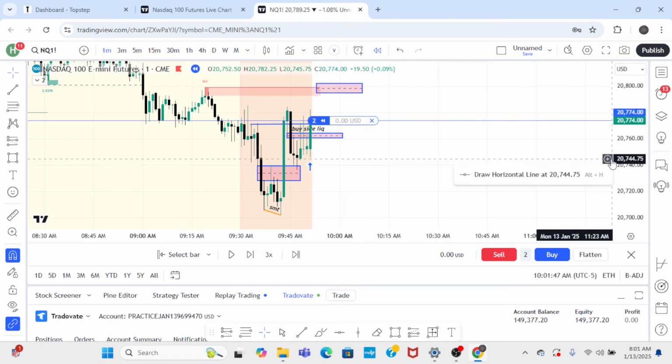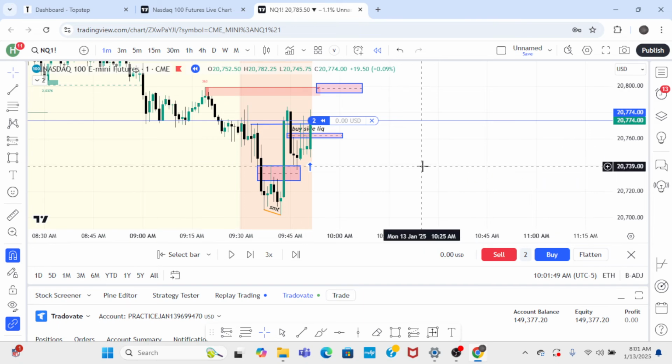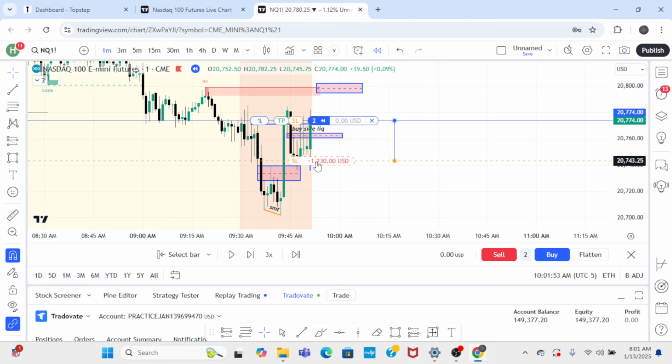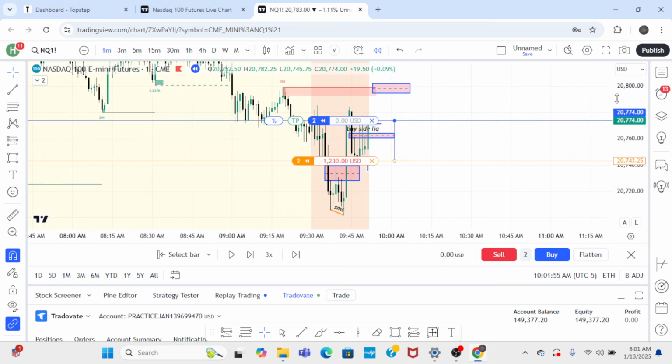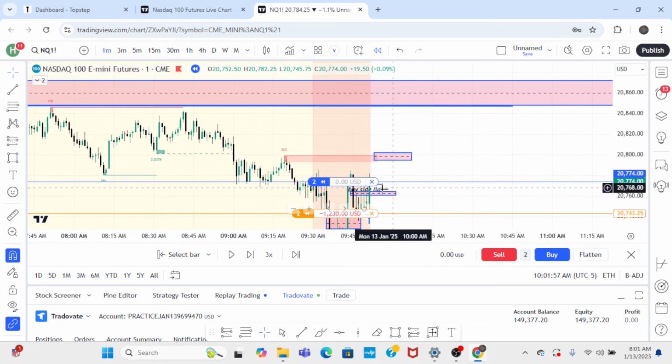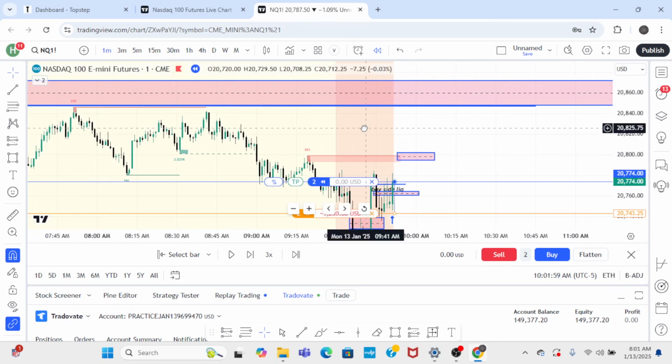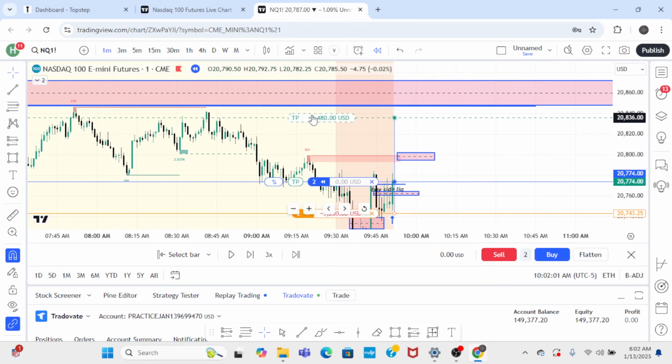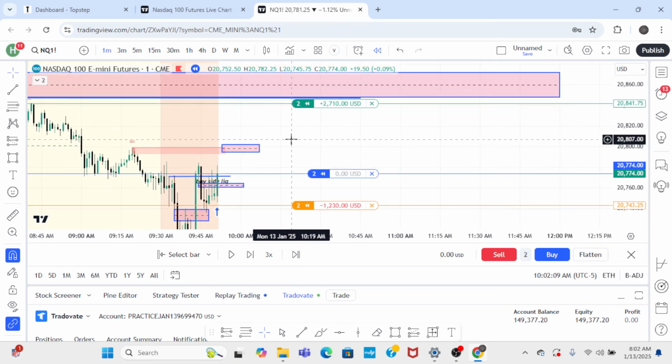All right, boom, gap inverse. Stop goes below. This is where the stop loss goes, below the levels here, somewhere right there. TP would be here, but like I said, this is a fair value gap that we're getting closer to. I just keep it somewhere like that.